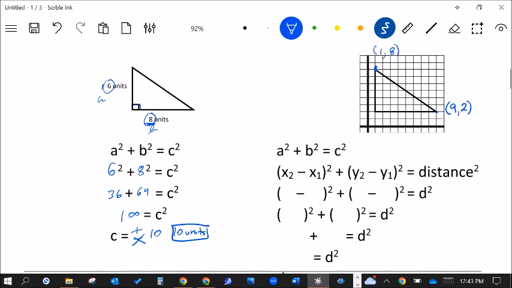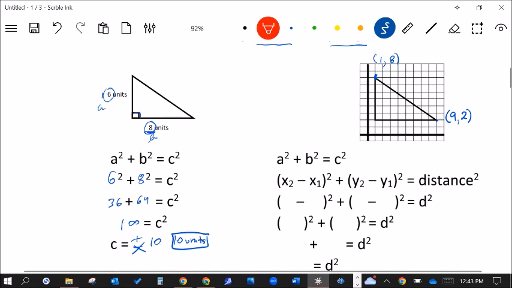Let's call the first of these x1, y1, because it's our first point, even though I wrote it second. I'll call this one x2 and y2 because it's our second point.